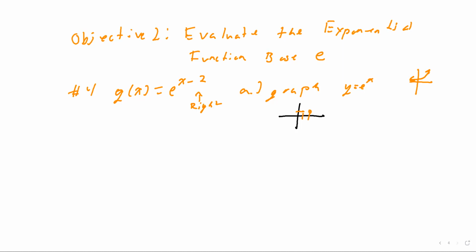So now my starting value is at 2, comma 1. If you think about it, that makes sense. If you plug in 2, what's 2 minus 2? 0. What's e to the 0? Anything to the 0 power is 1. So e to the 0 will be 1, which is where we landed. My horizontal asymptote did not move, I just moved it over. So I would still have a horizontal asymptote at y equals 0.